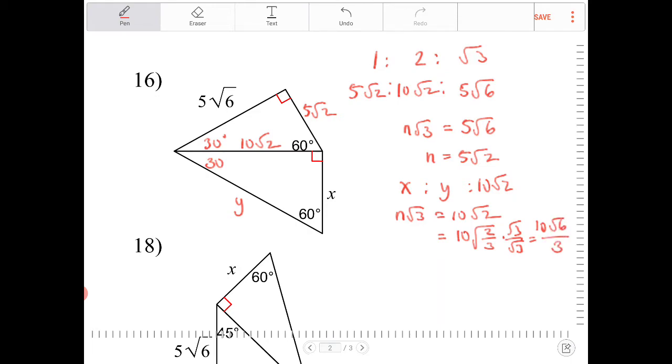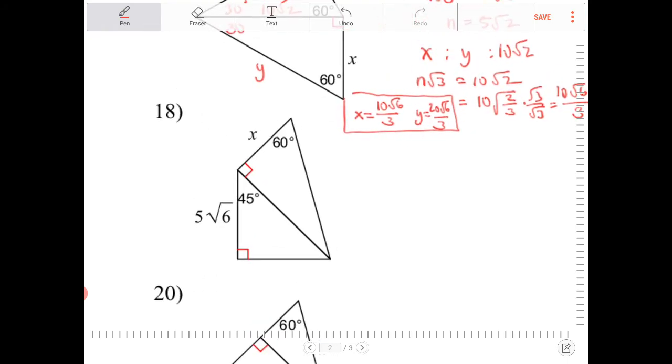So that means x will equal 10 radical 6 over 3, and y will equal 20 radical 6 over 3. Okay?